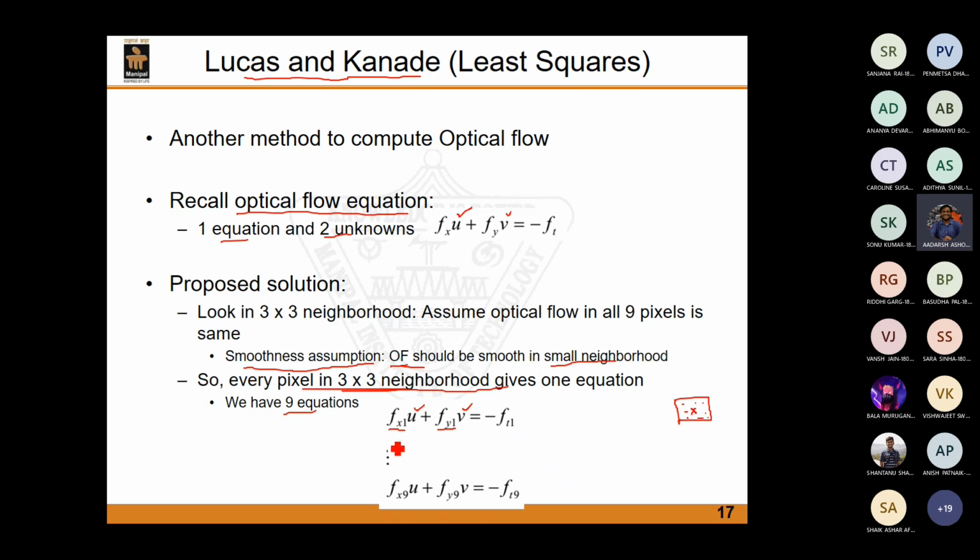So you get 9 different equations, and for each pixel you are assuming different values of the gradient. Now what you have is a system of linear equations, and just like how you solve a system of linear equations, they proceed further with these 9 equations.